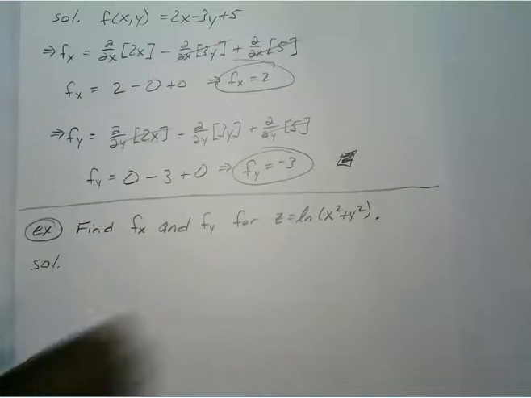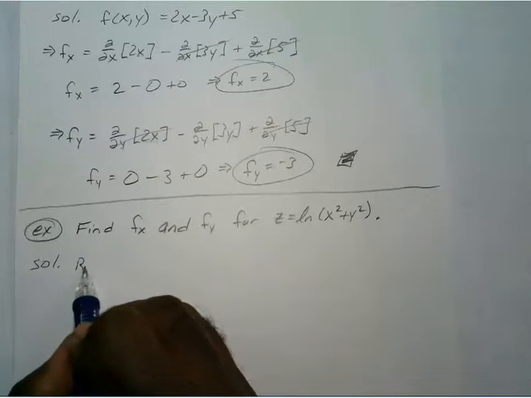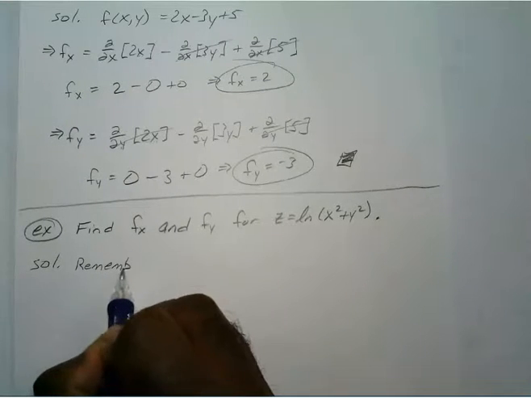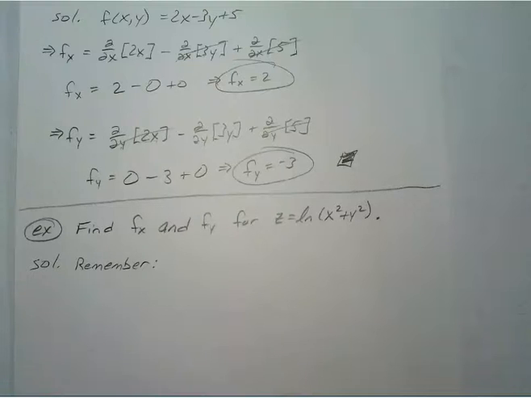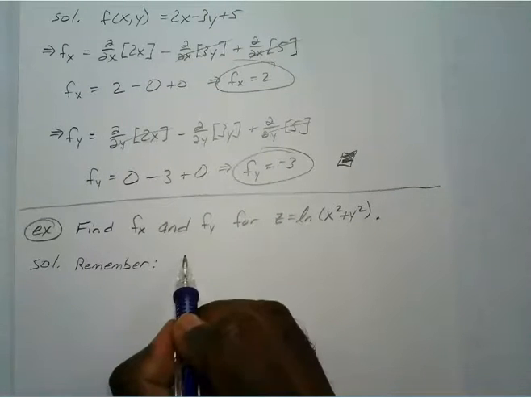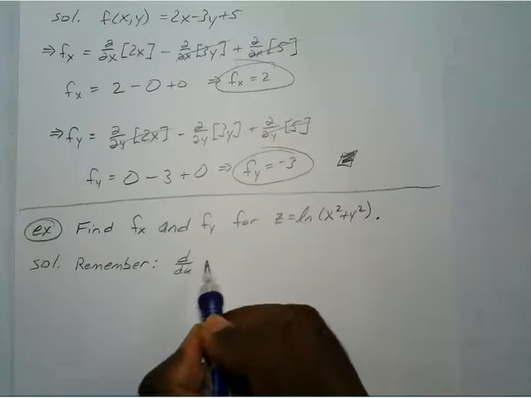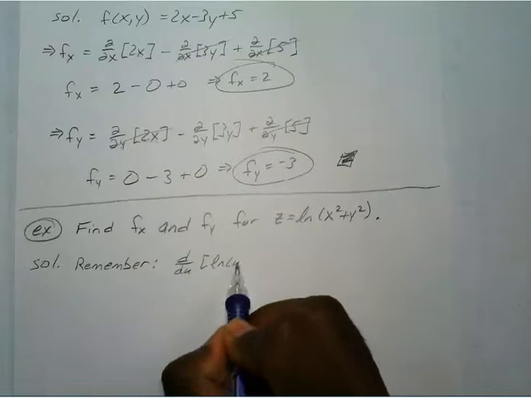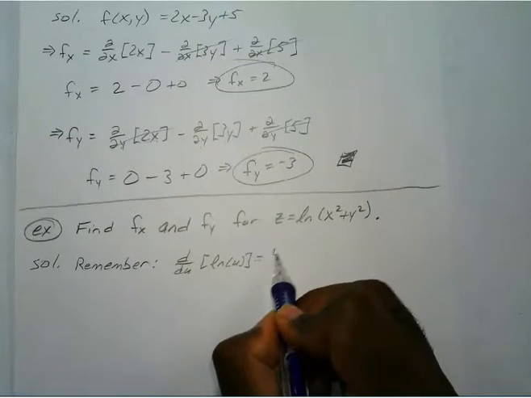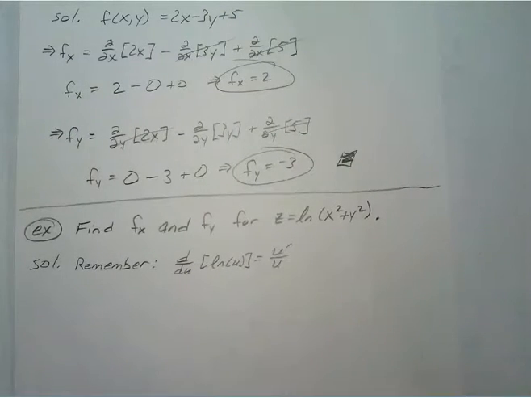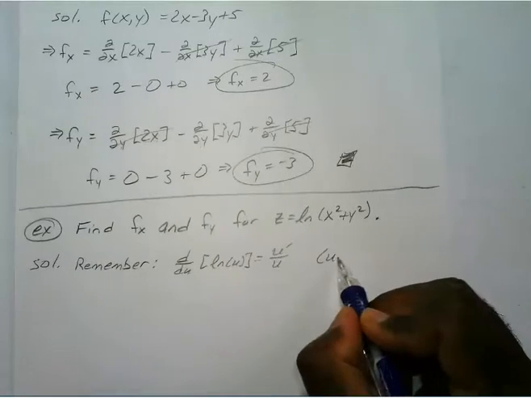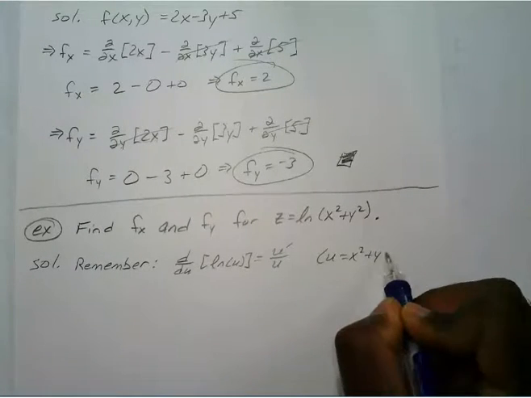Okay, so to solve this one, first thing you want to do is remember that the derivative with respect to u of natural log of u is equal to u prime over u. And in this case, the u is x squared plus y squared.